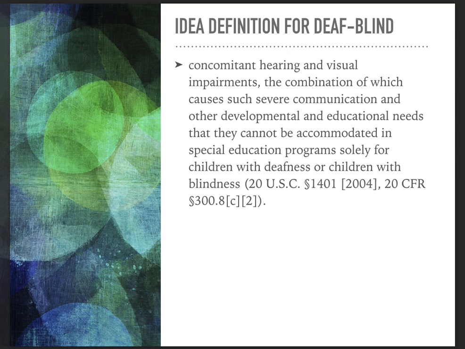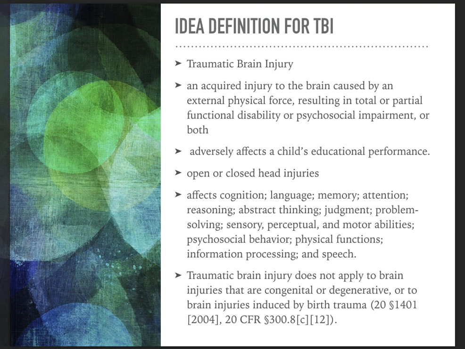And same thing with vision. Yeah, we do have numbers for vision, the 20/70 and 20/200 range, but as far as IDEA is concerned, if a person's eyesight is causing an impact to their academic performance, we could consider that a disabling condition. So it's the combination of both the hearing impairment and the vision impairment.